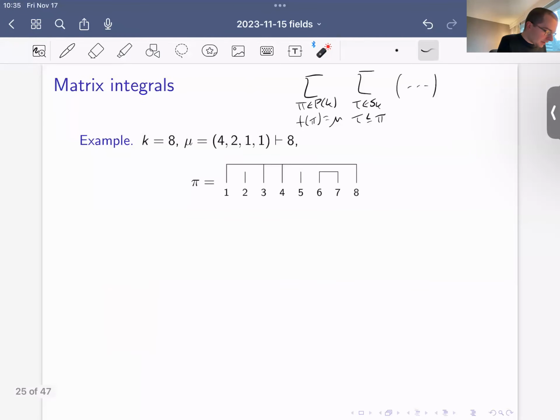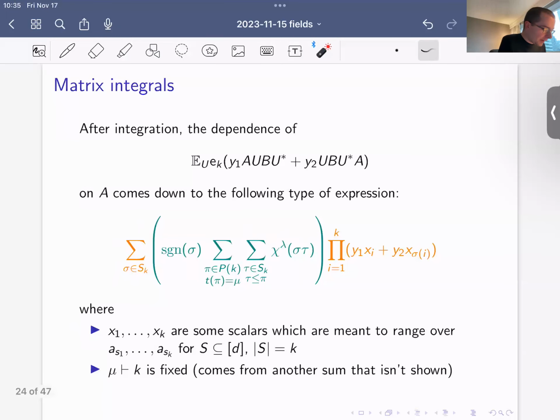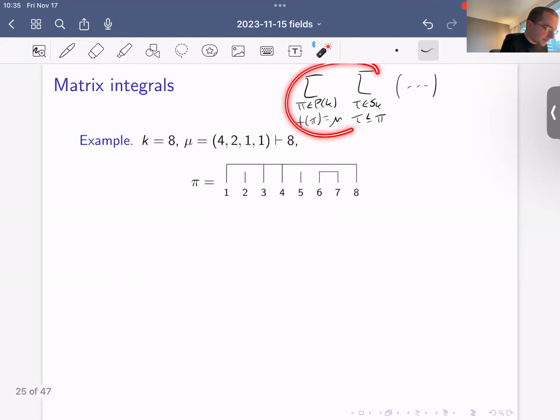And so I just want to explain what this stuff is, basically what these two sums are. I've reproduced them here. So we have this fixed partition mu, and the outer sum is over set partitions of 1 through k whose block type is mu.